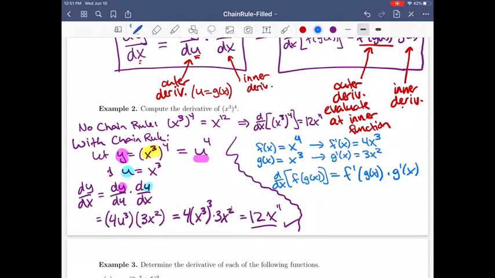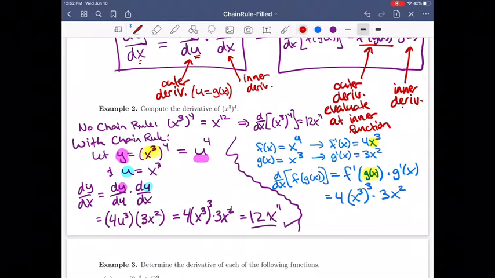So I want my f derivative evaluated at g of x. Everywhere I see an x in my derivative, I actually want to put in g of x. So this is going to be 4, and instead of x, I put in x cubed, because that's what g of x is, cubed, times g prime of x, which is 3x squared.